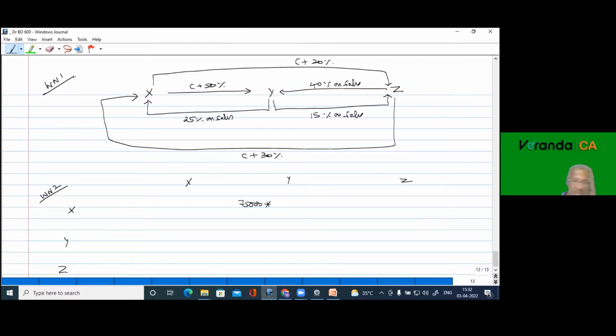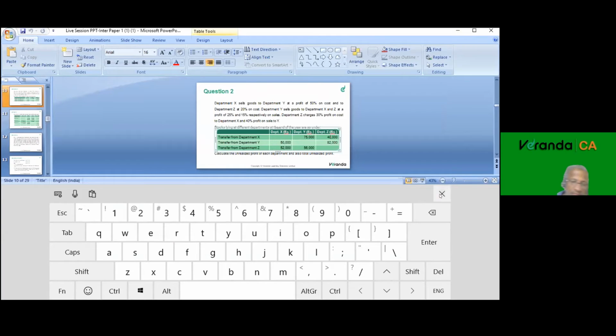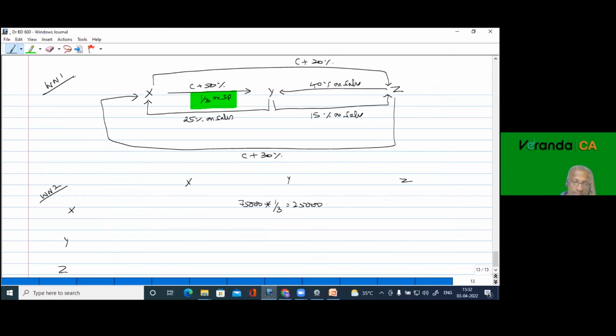So cost plus 50%, so 1/2 on cost is equal to 1/3 on selling price. 40,000. 48,000.